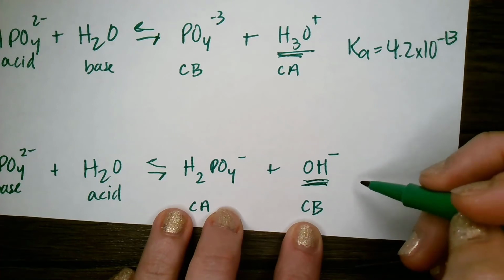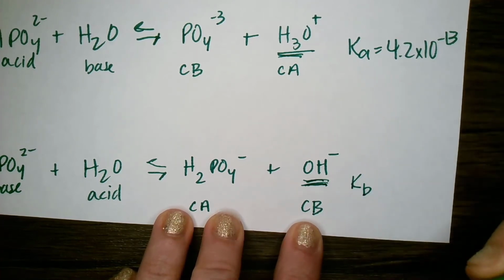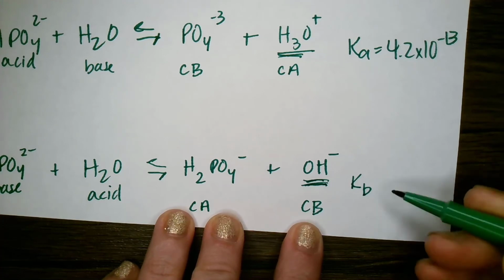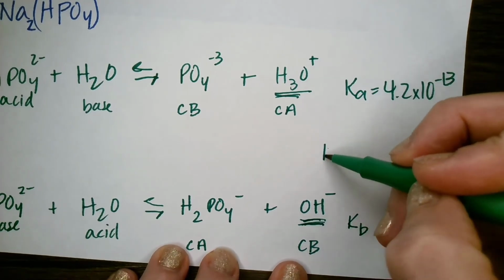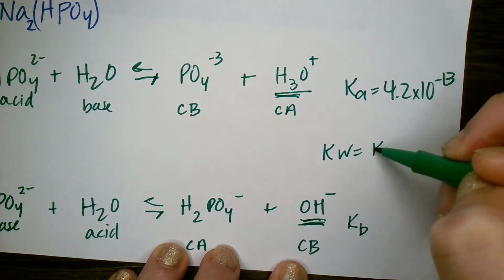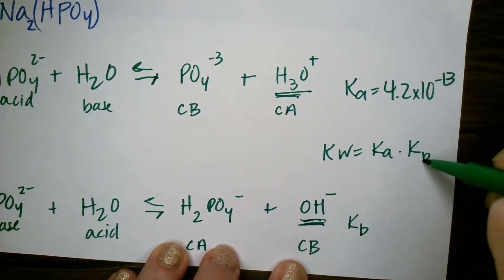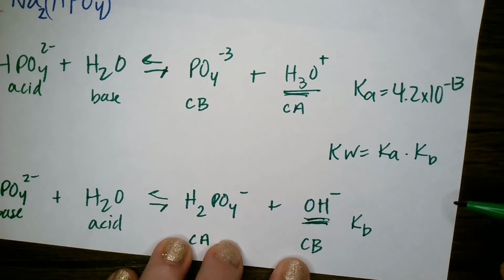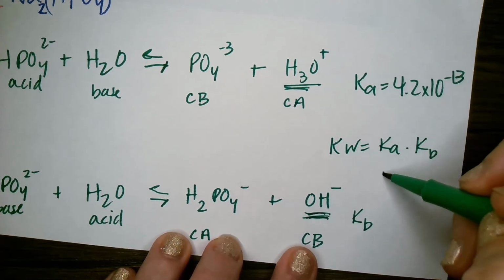We need to find this K constant. In this case, we're going to be finding the Kb value. How do we find the Kb value? Remember that expression: Kw is equal to Ka times Kb.